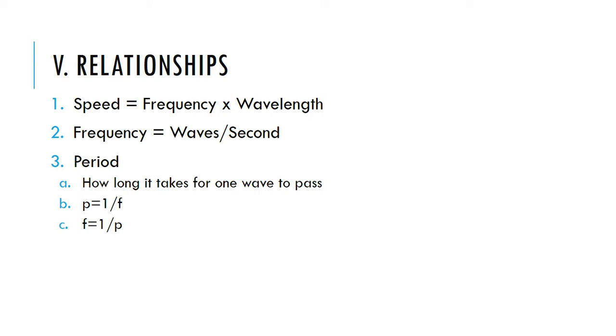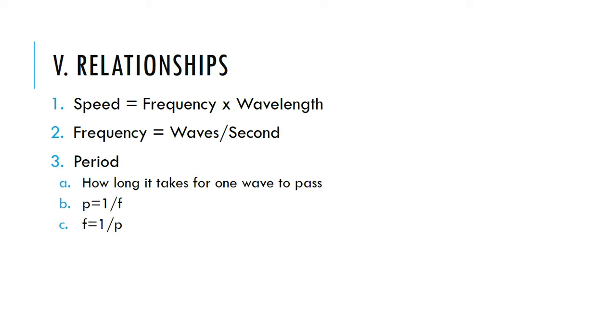The period then is how long it takes one wave to pass. Period equals 1 divided by the frequency, and then frequency also equals 1 divided by the period. So you need to write that down. You need to be comfortable with that. If I'm looking for frequency, it just depends on what I'm given.